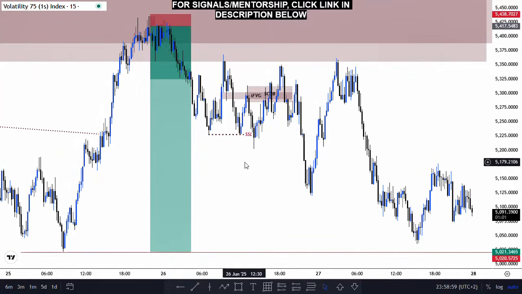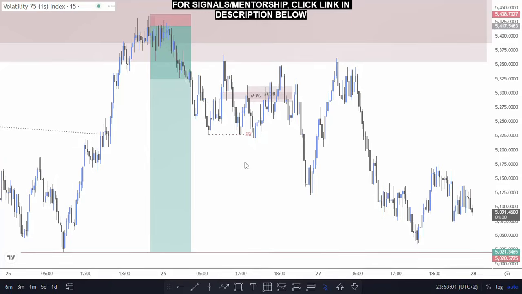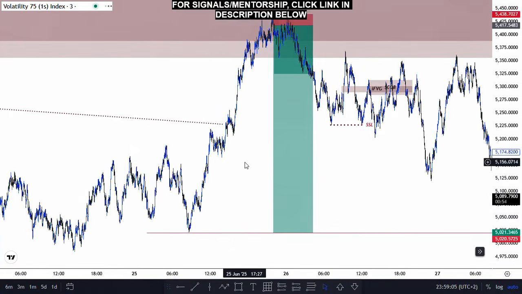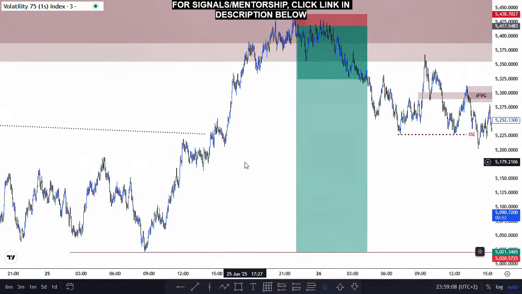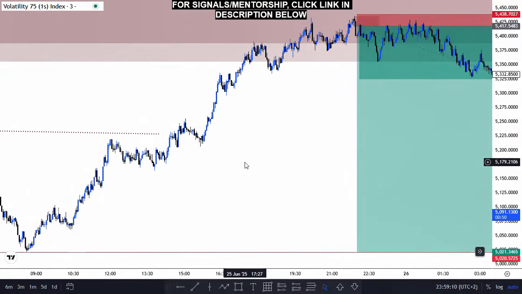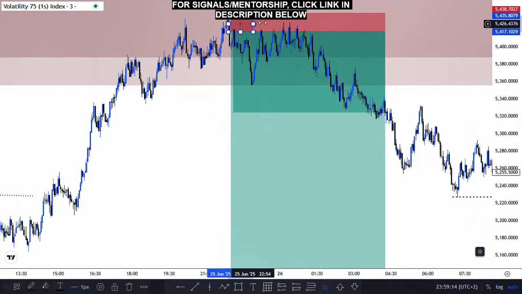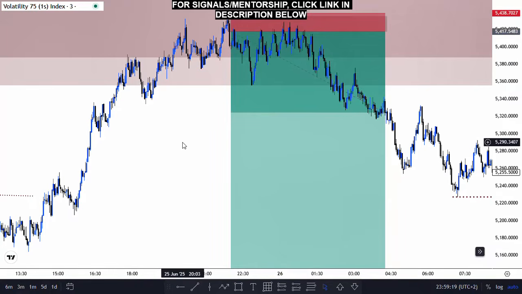Of course, the entry was on the 3-minute chart, because we always try to keep the risk as small as possible. The entry was just in this single candle order block on the 3-minute chart.